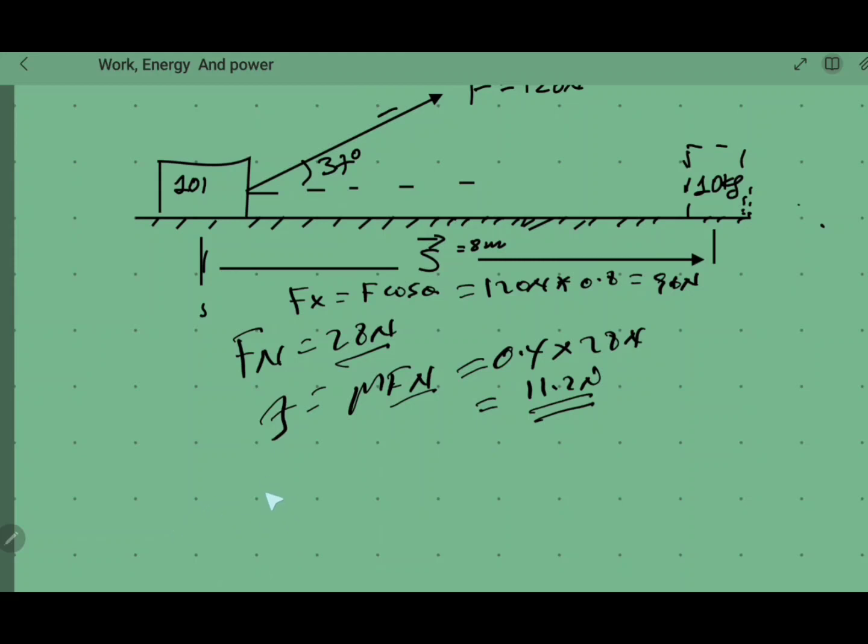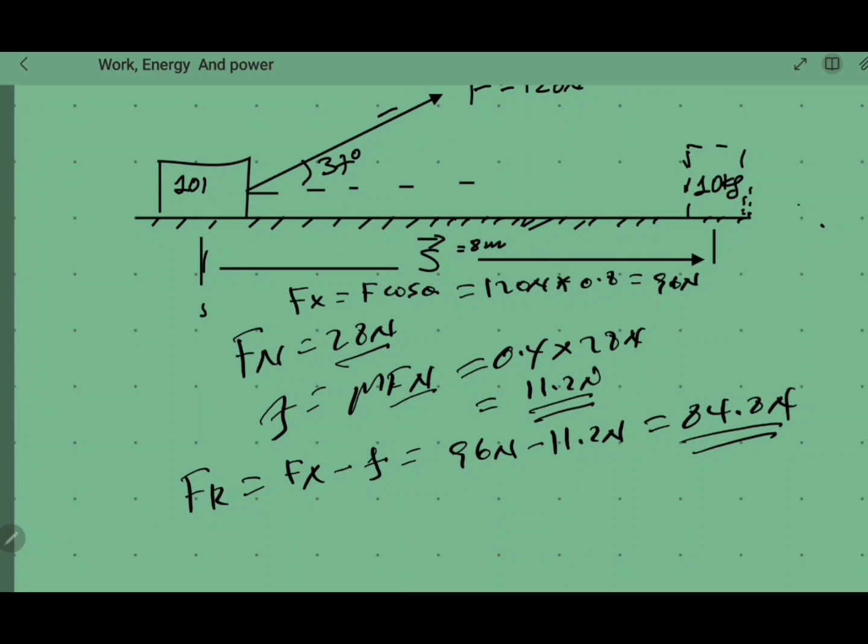So the net force, or the resultant force, is equal to Fx minus the frictional force. Fx is 96 Newton minus 11.2 Newton, so the difference is 84.8 Newton. That is the resultant force. Now let's calculate the work done by the resultant force.